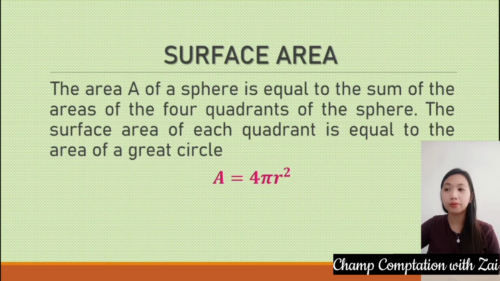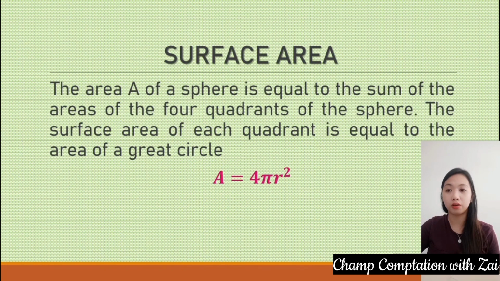The surface area of each quadrant is equal to the area of a great circle. So the area is 4 pi r square, or 4 multiplied by the base. Pi r square, as I said before, is the formula for the base, and the value 4 is the quadrants. We have 4 quadrants in a sphere.